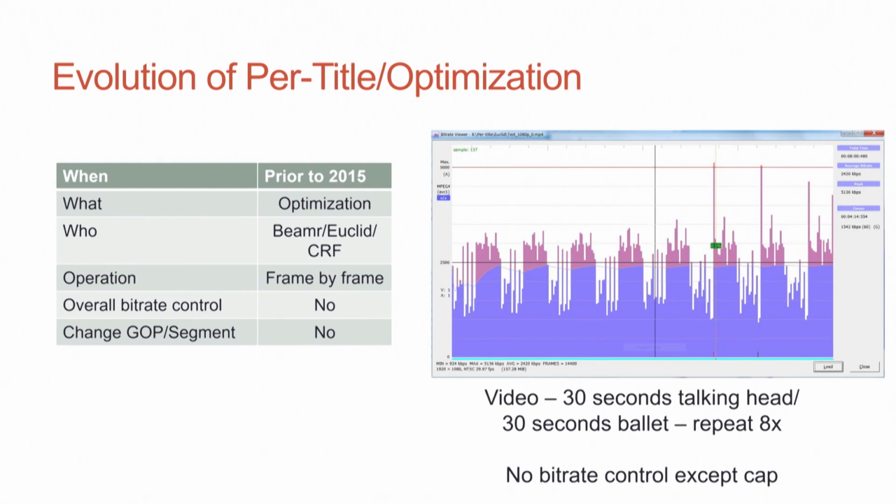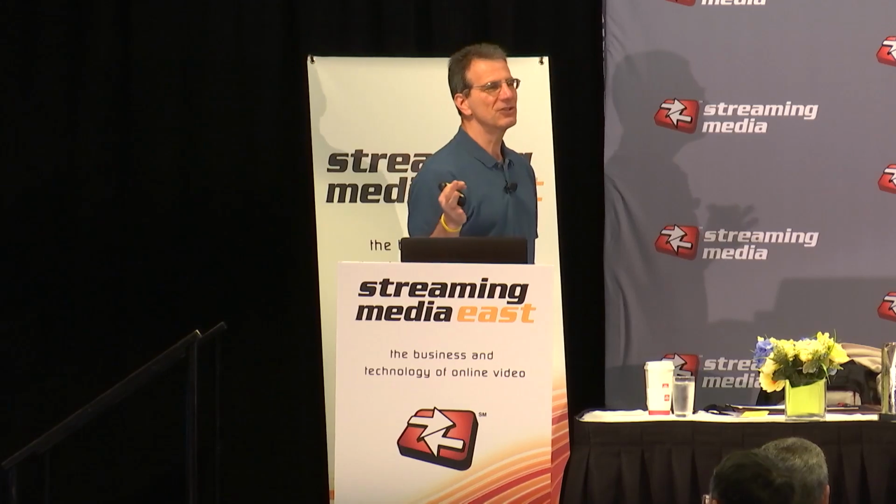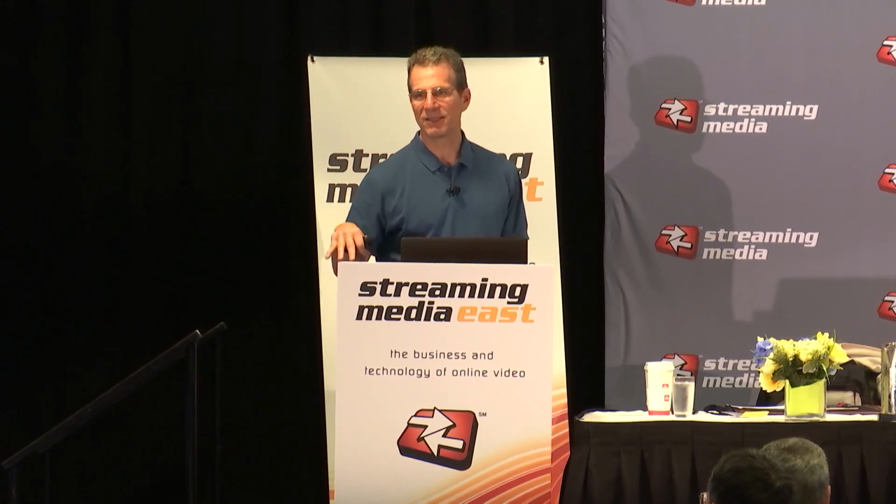Now, who here still streams CBR video? Who here says, I'm not going to stream video unless it's CBR? You can probably leave now. Just kidding. But there are some producers who think it's absolutely necessary to stream only CBR.